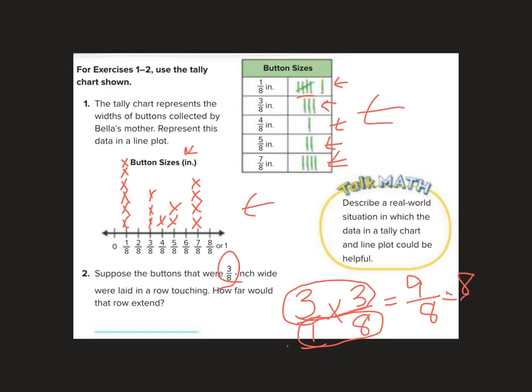So I can see that 8/8 plus 1/8 would be 9/8, right? 8/8, I can trade it out for a 1. So my answer would be 1 1/8 inches. There we go.